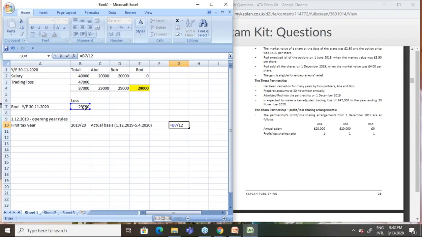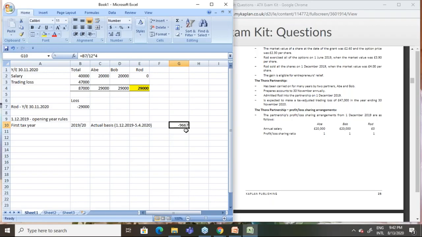So 29,000 is for a period of 12 months, and now you divide by 12, multiplied by 4, to find out the loss for 4 months. Accordingly, you get 9,667. That is the loss for that period.